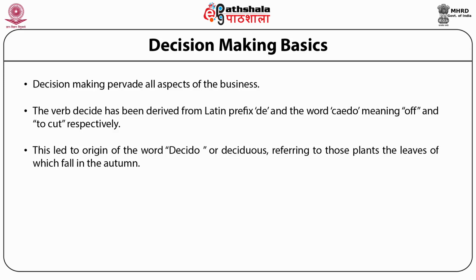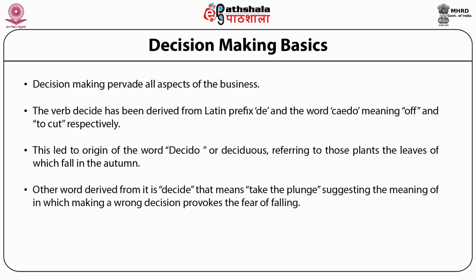But that is only one meaning of it. The other word derived from it is decide, that means take the plunge, suggesting that making a wrong decision provokes the fear of falling.